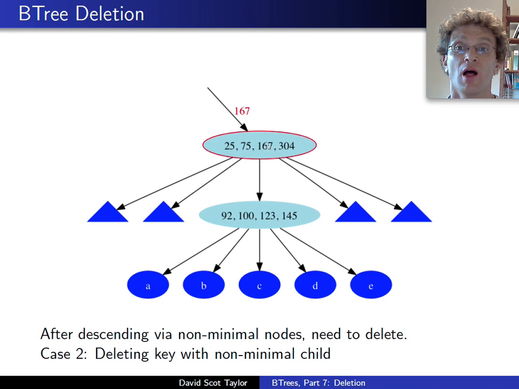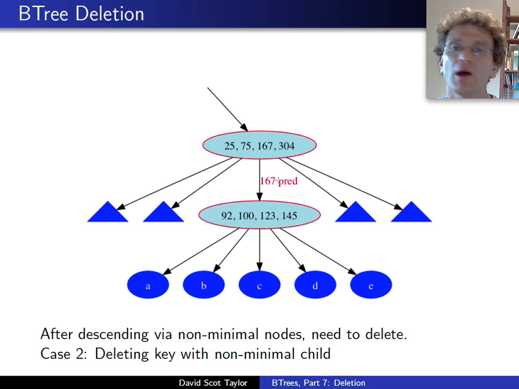So in this case, I look at 167's predecessor rooted subtree. That's going to be this node. That node is not minimal. So what I do is I say, great, I want to find that predecessor.